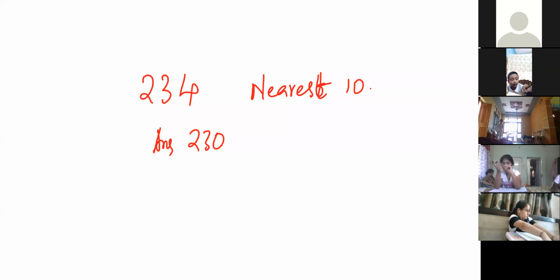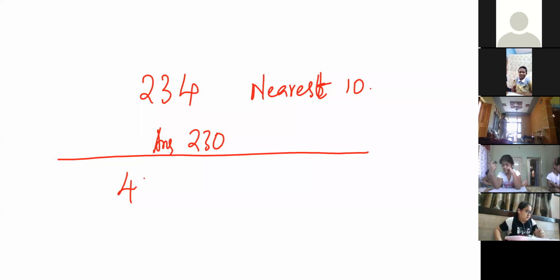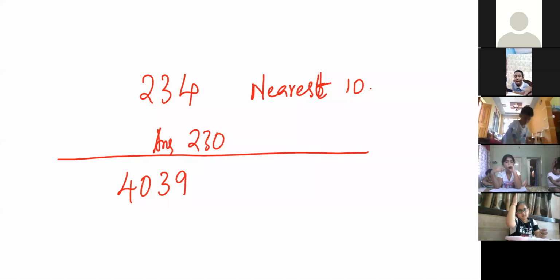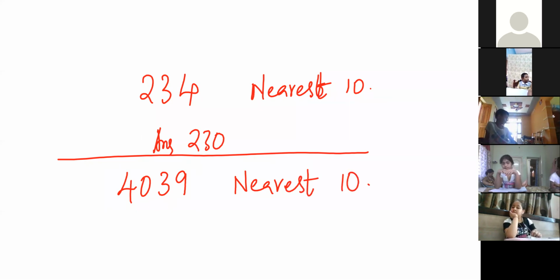Now one more question. Mute yourself, Nana. I'm going to ask another person now. I have taken a 4-digit number, 4039. I have to round off this number to its nearest 10. Sanvi is going to answer. 4,040.